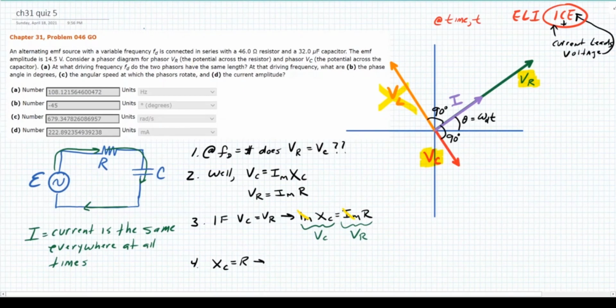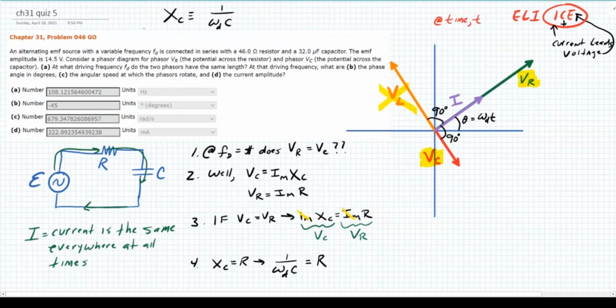So that means 1 over omega_D times C, because capacitive reactance was found to be 1 over omega_D C. This is a definition introduced in the green sheets in the lecture video. So the capacitive reactance equals the resistance R.